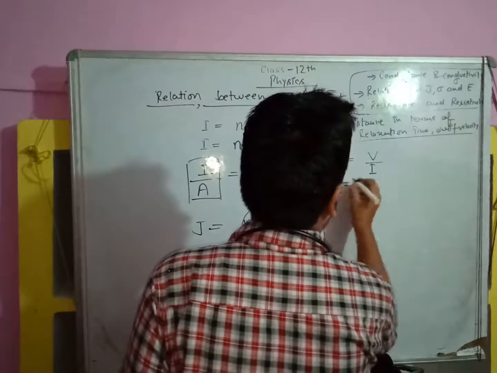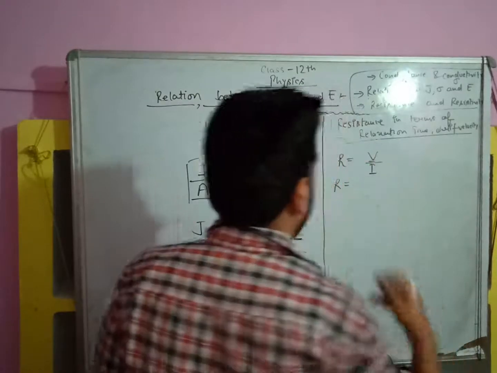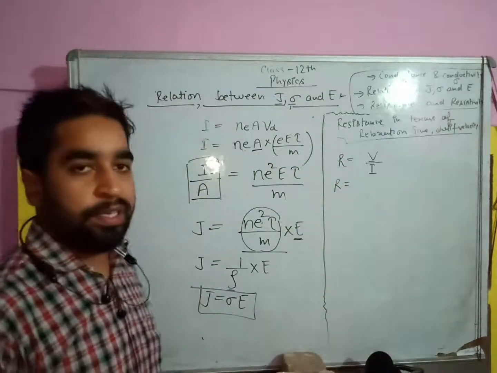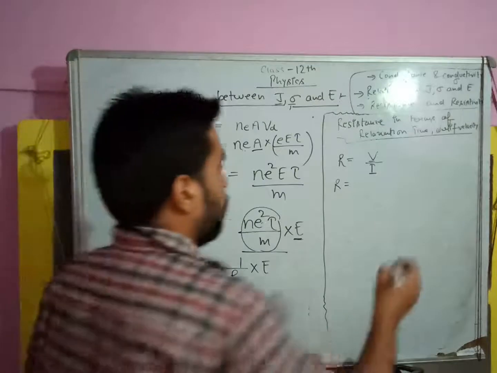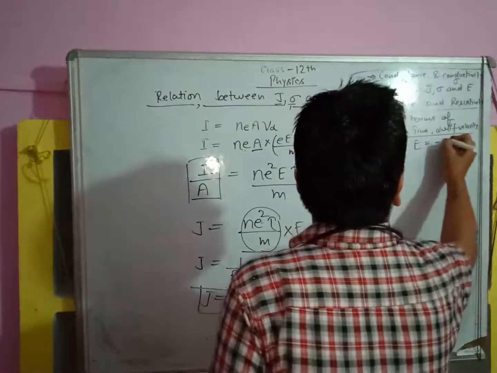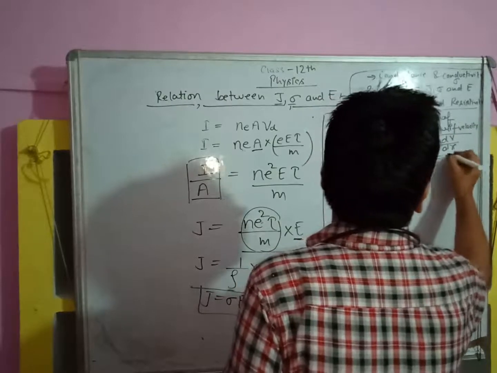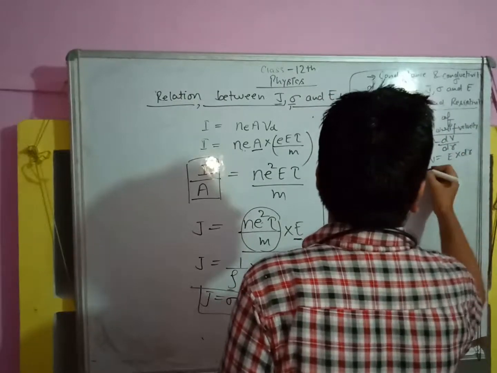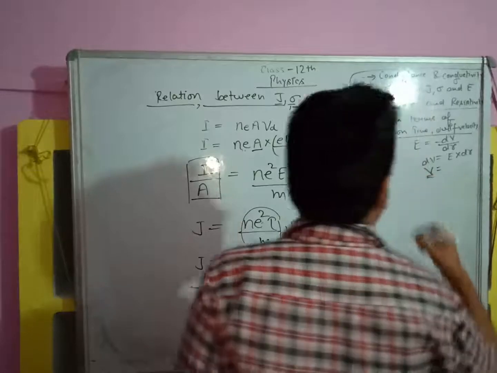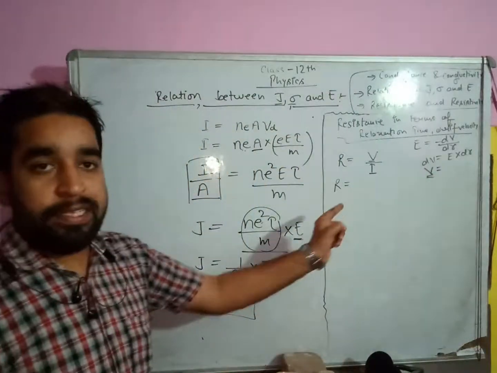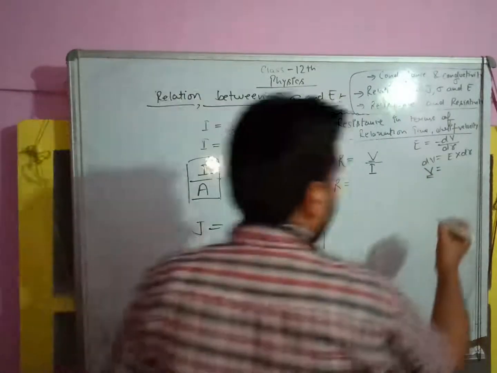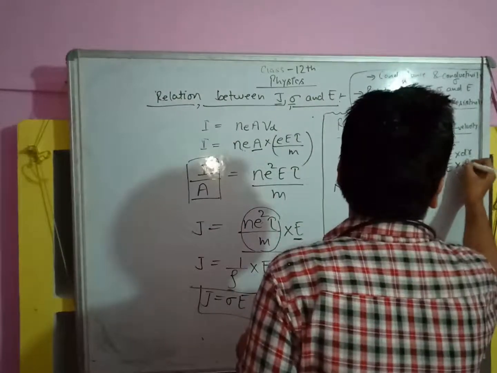Now students, what is the value of V? We know electric field is minus dV upon dr, so the value of dV will be E into dr if we take the magnitude. Considering the whole potential V, this will be equal to E into L, where L is the length of the conductor.